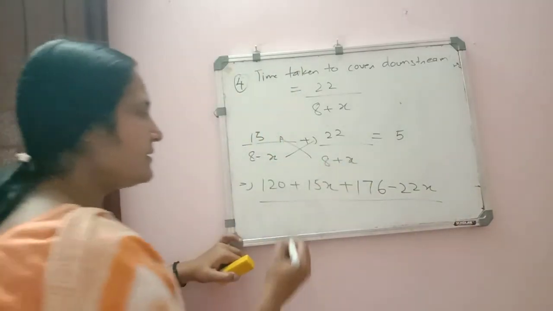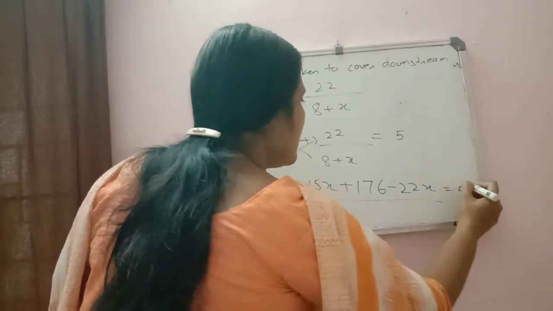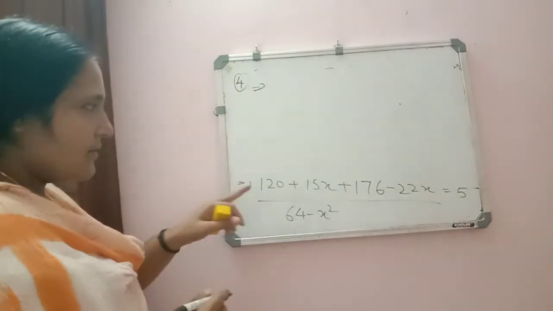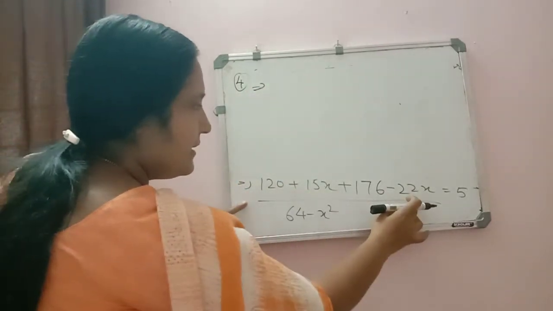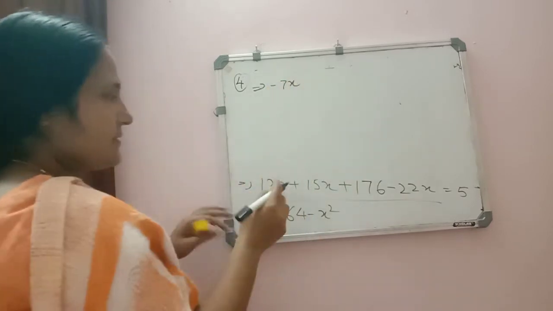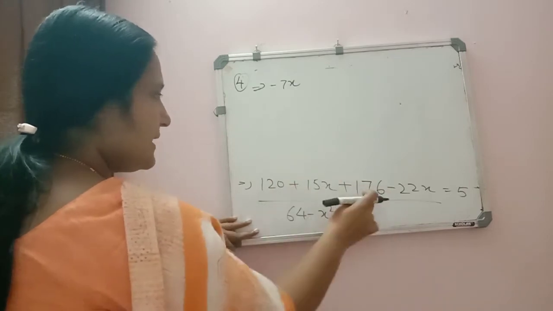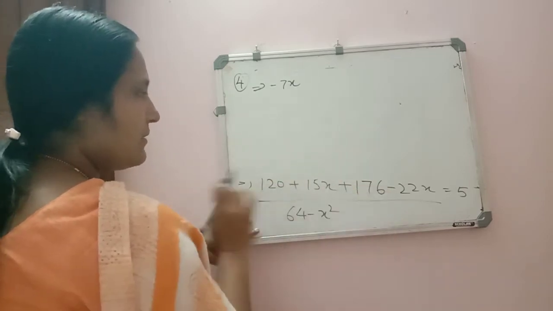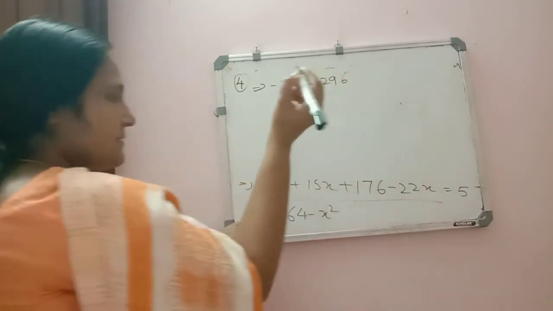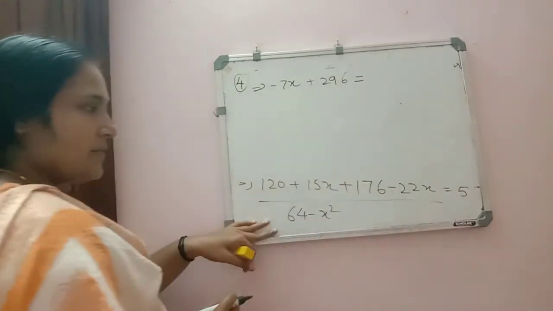We will use the identity, so it will be equal to 64 minus x square. Now we will simplify it. 15 minus 22 will be equal to minus 7x, and 120 plus 176 we can add. It will be equal to plus 296, equal to 5 times 64 minus x square, shifting to the right hand side.